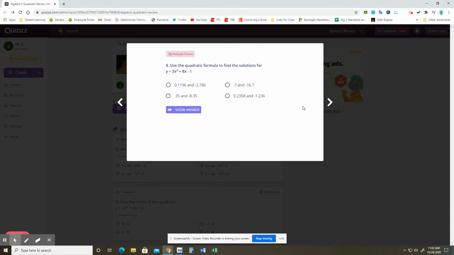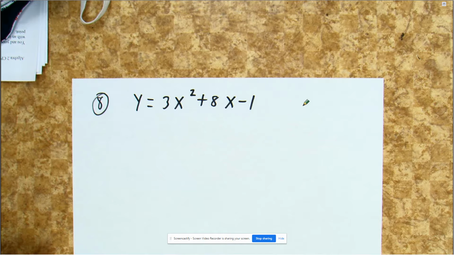Taking a look at number 8. Again, another quadratic formula problem. And I do ask you to be very careful with how you're doing this, only because your calculator, if you do not use it correctly, if you type it in wrong, is going to give you the wrong answer. They want you to find the solutions of this.